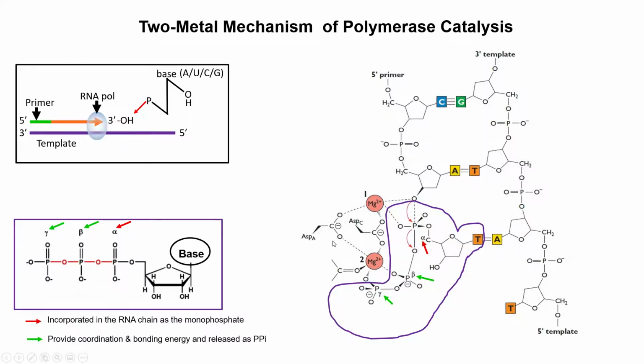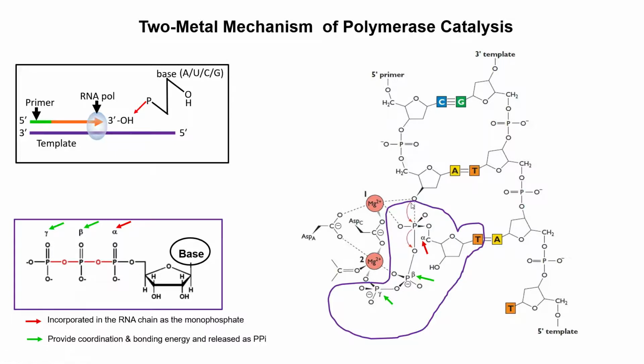And you can see that there are two aspartic acids, Asp-A from motif A and Asp-C from motif C, which is the active site. They coordinate these two metal ions so that these phosphates are kept in a proper position for that reaction to occur.